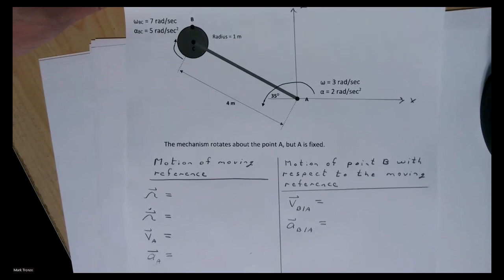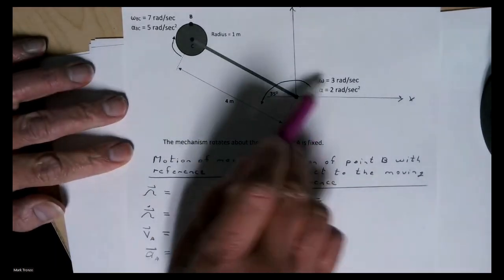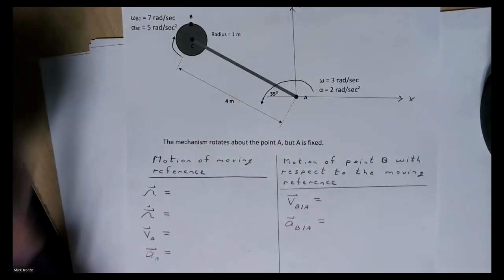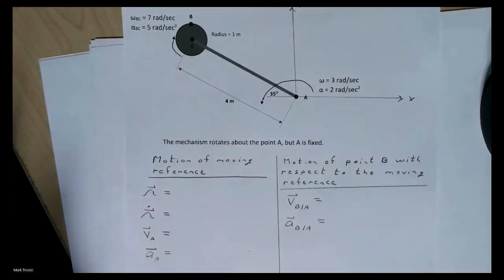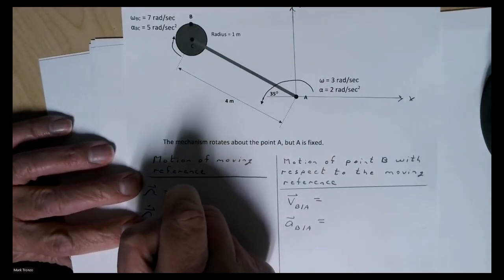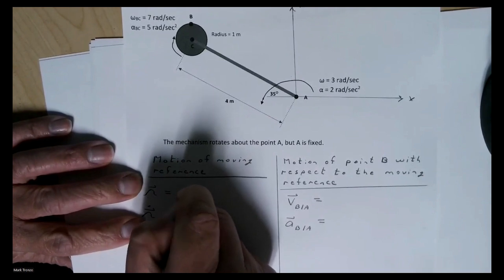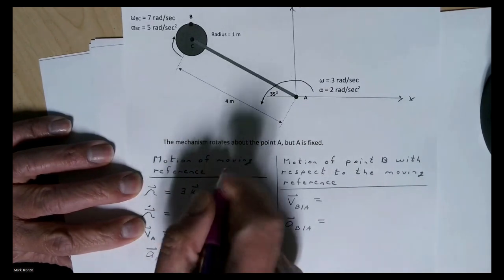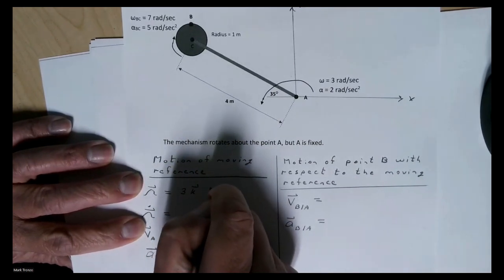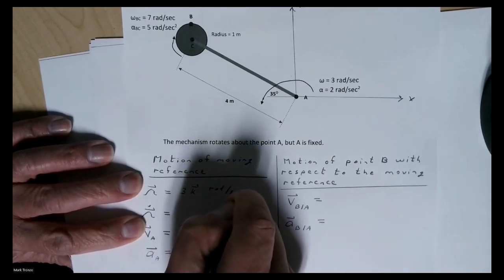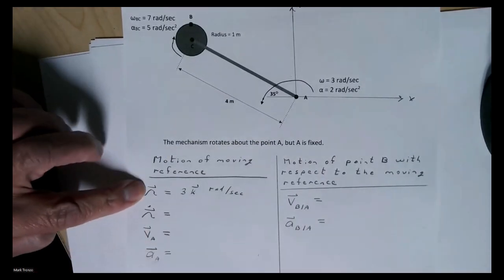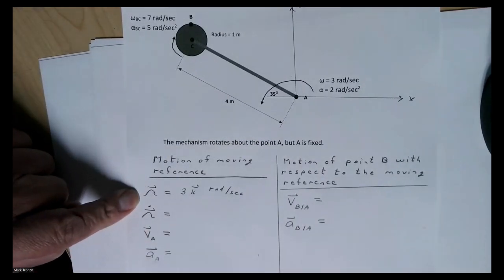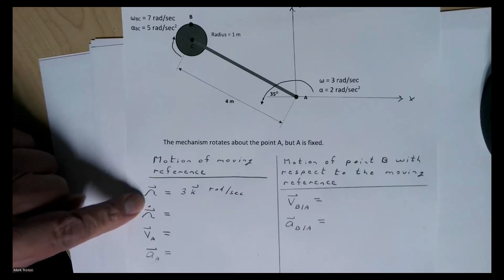And again, just fill out our two columns. Our main body is rotating at 3 radians per second. Once again, it's rotating about the z-axis. So that's going to be 3K. And once again, I'm calling counterclockwise positive. Again, remember this notation. This is the angular velocity of the main moving reference.